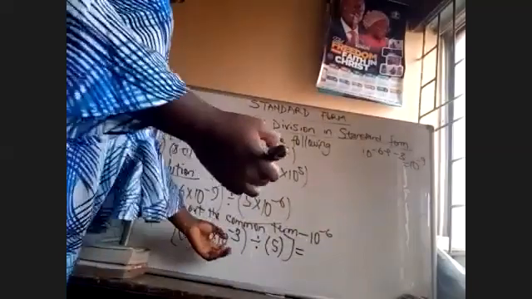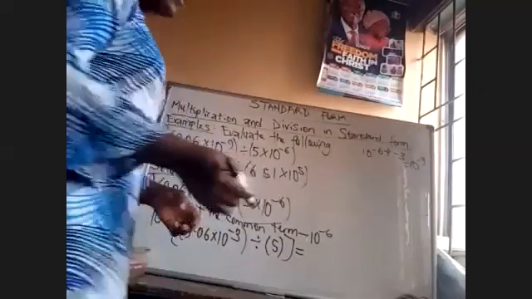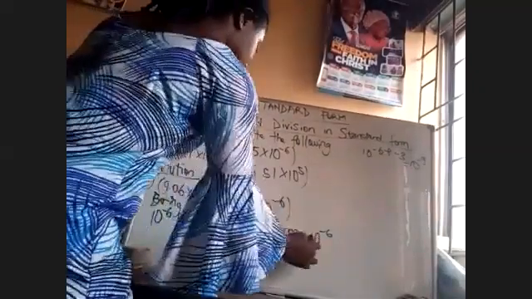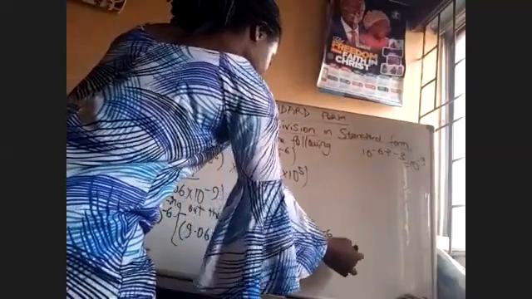So this gives us, now writing this in ordinary form as an ordinary number, 9.06 times 10 raised to power minus 3 gives us 0.00906.